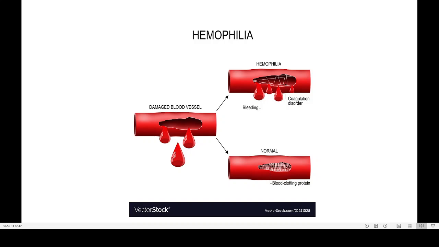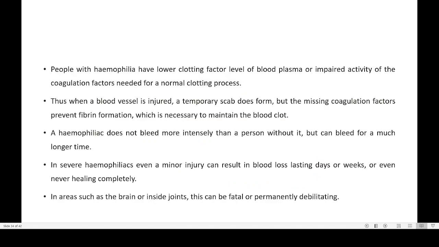So that is why hemophilia is causing loss of a lot of blood, so that the person has to apply some bandage for a long time. Sometimes doctors will be prescribing clotting drugs also, so that it helps to prevent it. People with hemophilia have a lower clotting factor level in blood plasma or impaired activity of the coagulation factors needed for clotting.